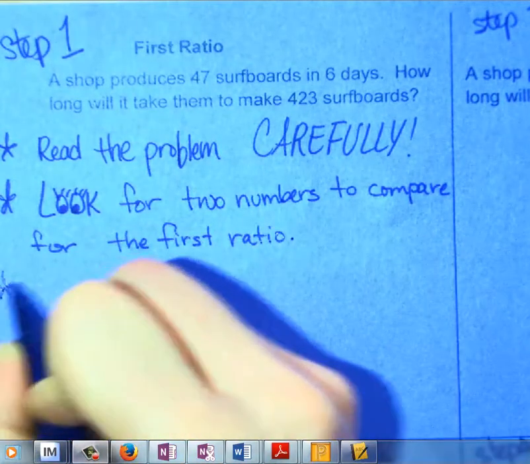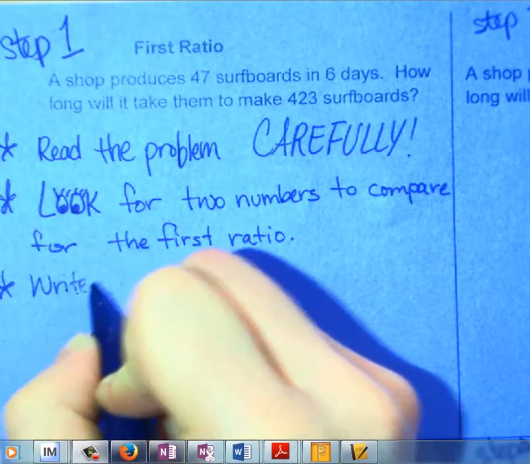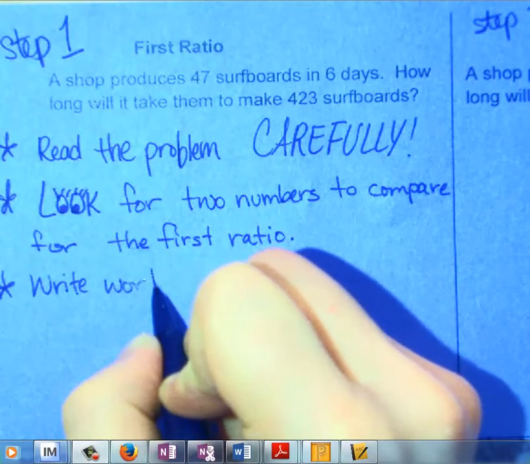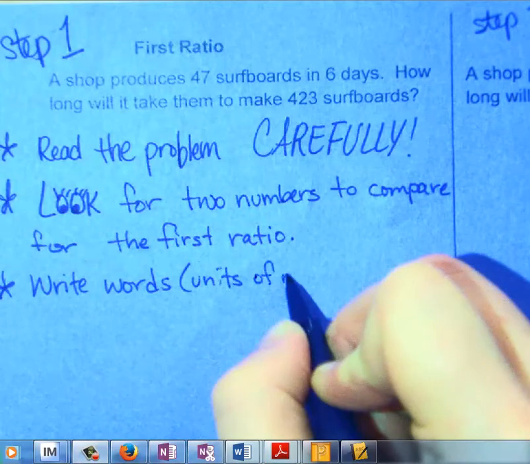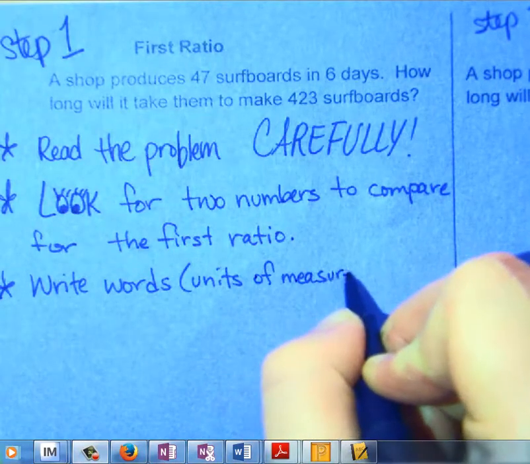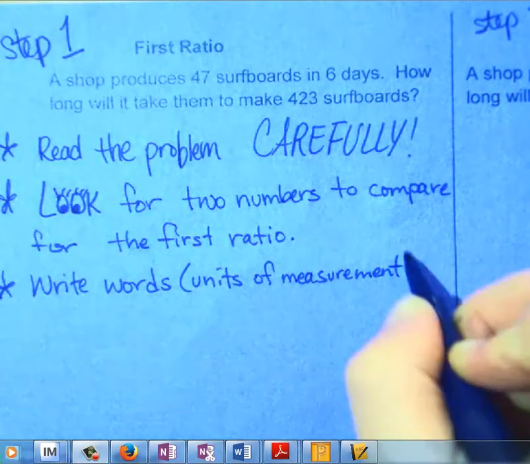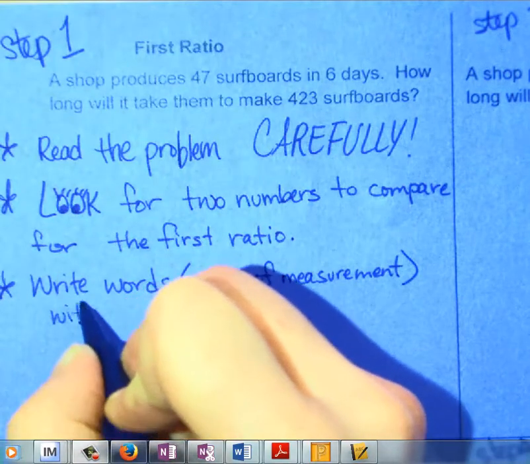We're going to write the words for the units of measurement with the numbers.